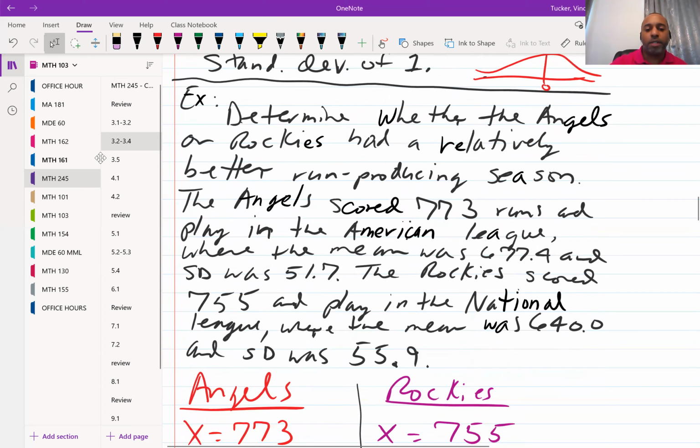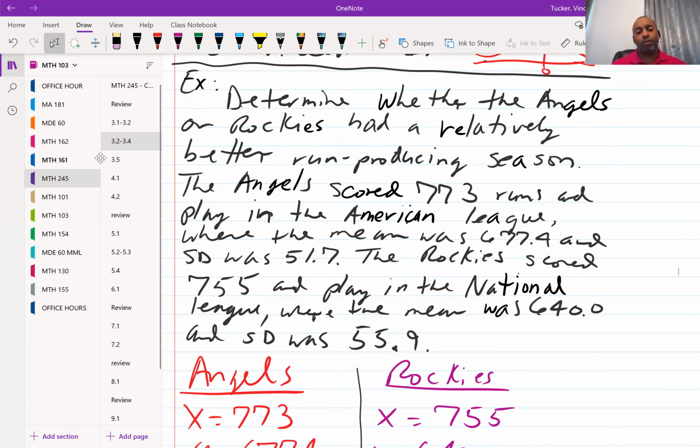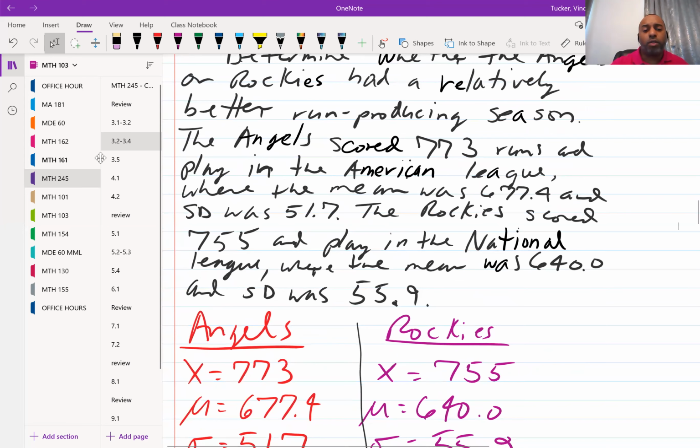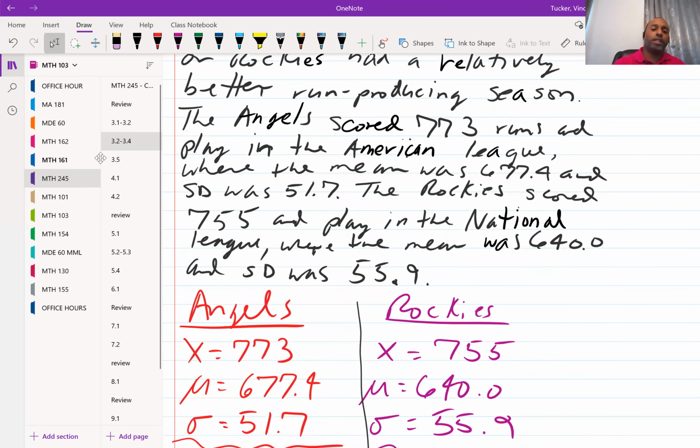So we gather the information. Whenever dealing with word problems, I always say write down all of your given information first before you start trying to do calculations. The data value in question for the Angels is 773 because that's how many runs they scored during the season. The mean for the Angels is 677.4, and the standard deviation is 51.7 because the Angels were in the American League.